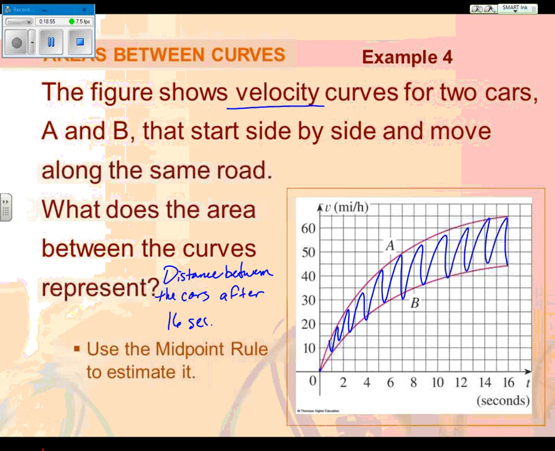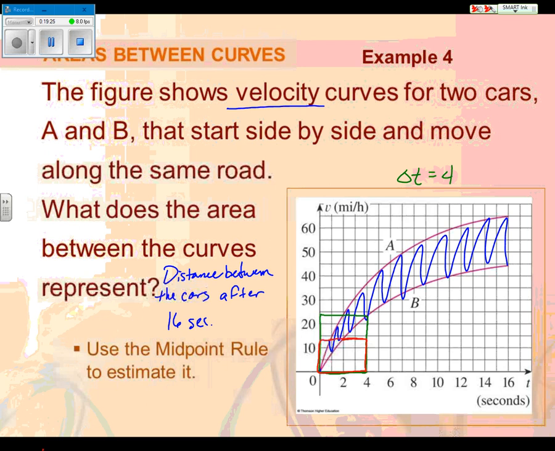Well, look, I'm not just doing area underneath. To get my hands on this blue area, I'll just tell you, I'm going to use delta t to be 4. So if I'm estimating what that blue area is, and I'm letting my first rectangle come this far, I'm going to use midpoints, it says. I'm going to have to find out what the area is of this box, and then I'm going to subtract off the area of this box.